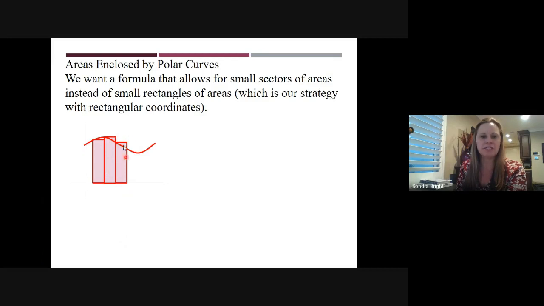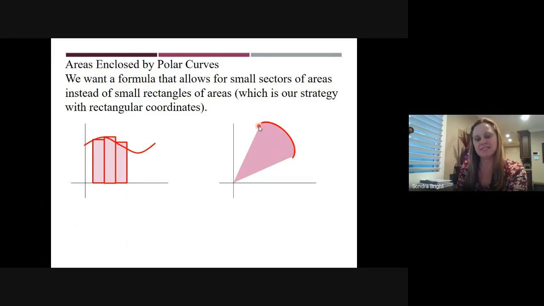We were in the Cartesian plane where rectangles made sense. Now we're in polar curves where we're talking about r's and thetas, right? We're talking about circles. And so instead, you'll have some polar curve, and we're talking about the area of a sector instead.